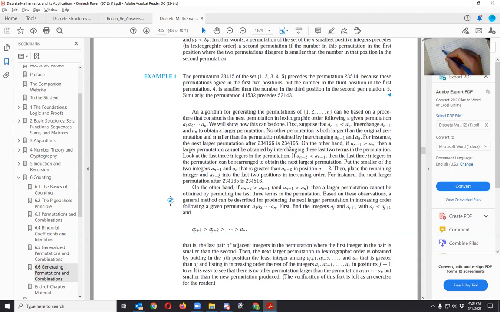The one that's going to be bigger is going to have a 2 here. So maybe it's 2, 4, 3, 1. Or is it going to be 2, 1, 3, 4? I think it should be 2, 1, 3, 4.